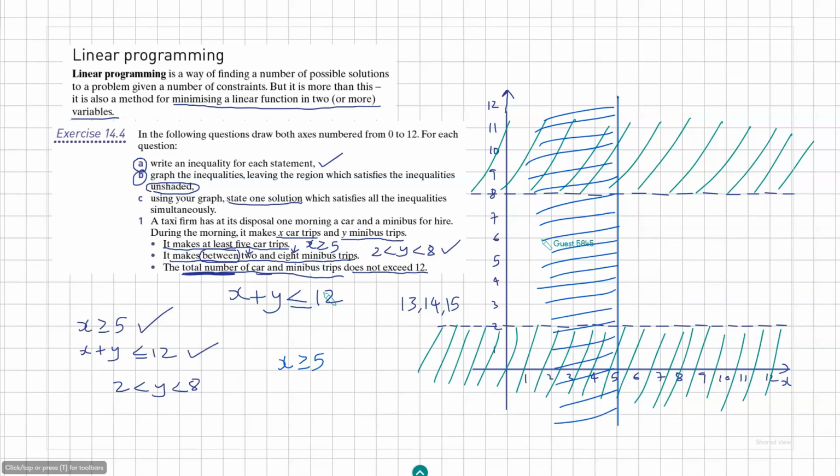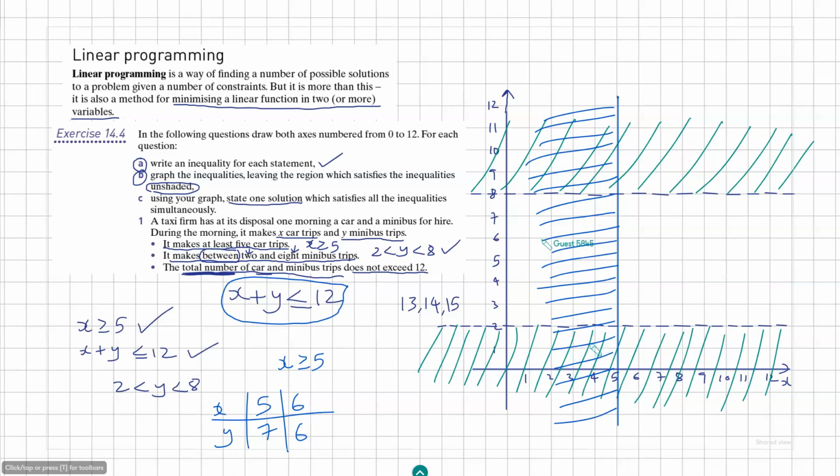Now, the last one, x plus y less than or equal to 12. How do you do this? First you make a table. Let's put some big numbers. Put x equal to 5, y will be 7, and let's put x equal to 6, y is also 6, right?